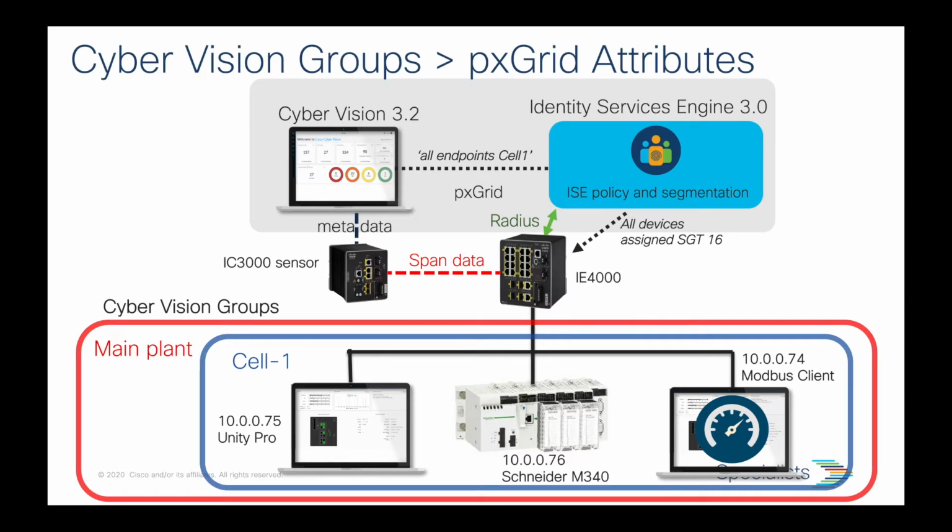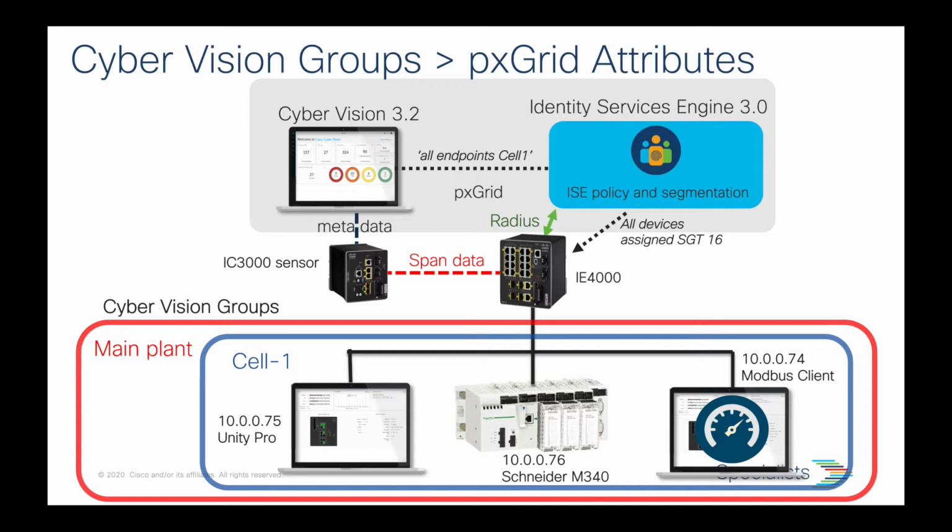So the starting position is that I've defined some groupings within Cyber Vision. These are virtual groupings that allow devices to be compartmentalized, and they're compartmentalized such that the information that goes across the pxGrid interface will indicate to Identity Services Engine exactly where those devices reside, such that policy can be built based upon some profiling.